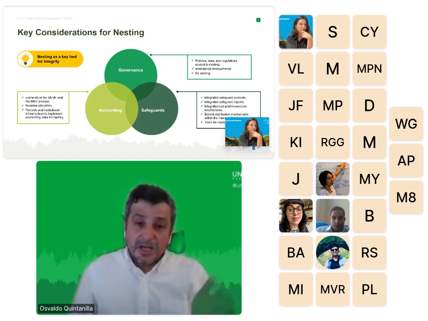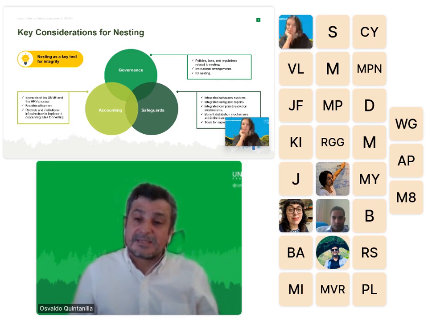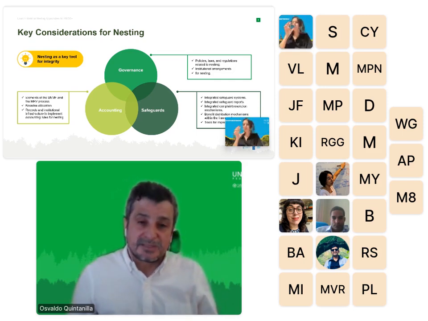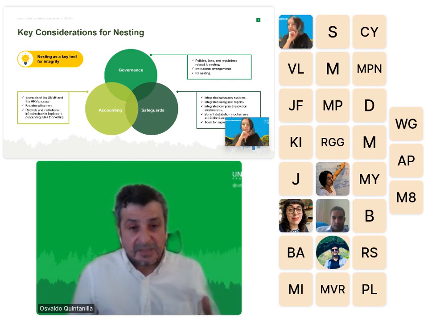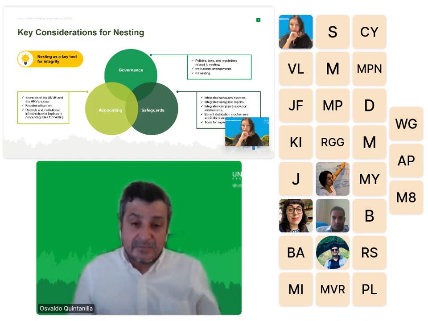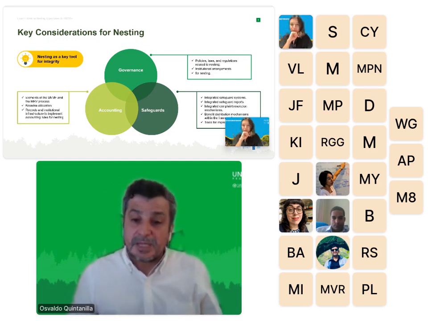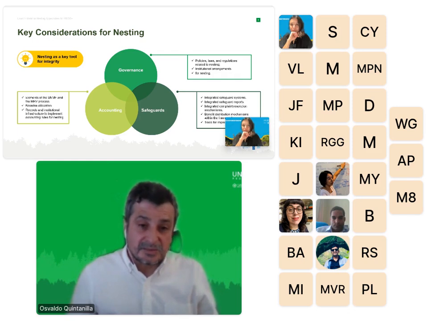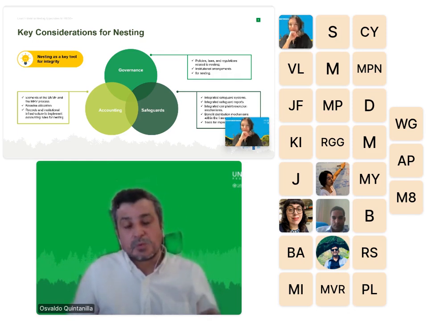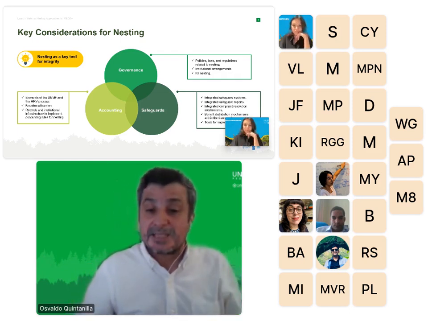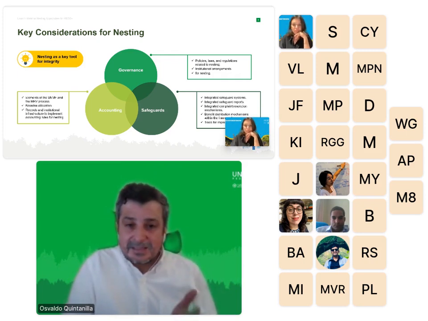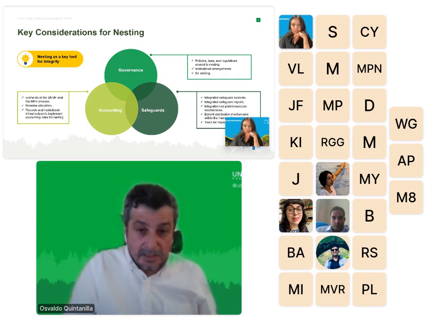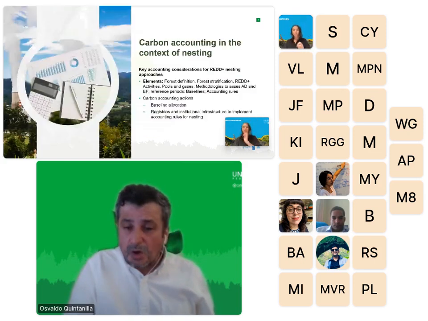Carbon accounting relies on aligned methodologies, consistent baselines, and a strong monitoring system. Governance requires a clear legal framework and effective institutional coordination, and safeguards ensure rights are protected and participation is inclusive. These pillars must work together to maintain integrity and equity through the nesting process. So let's see one by one all these elements.